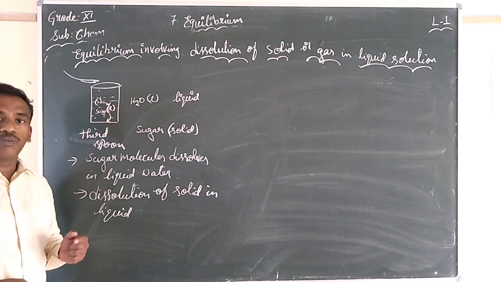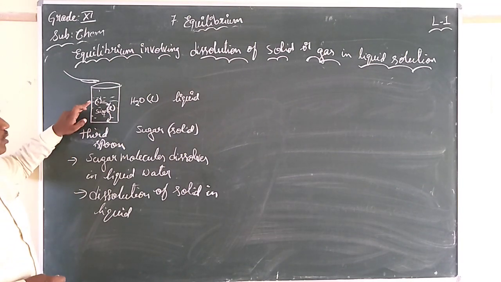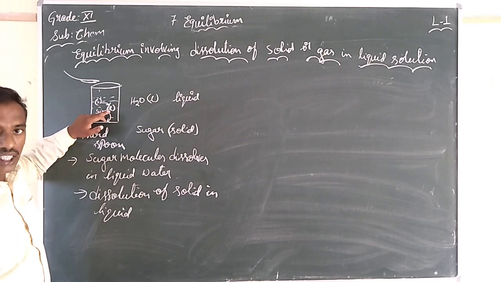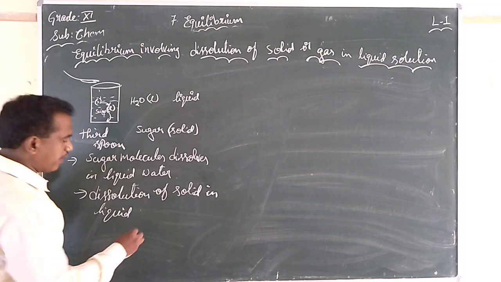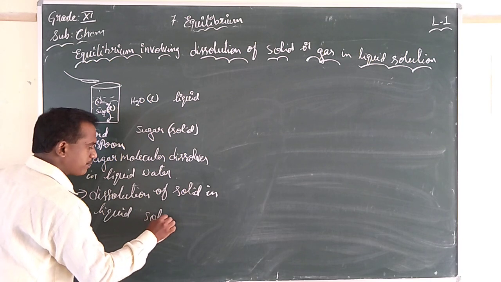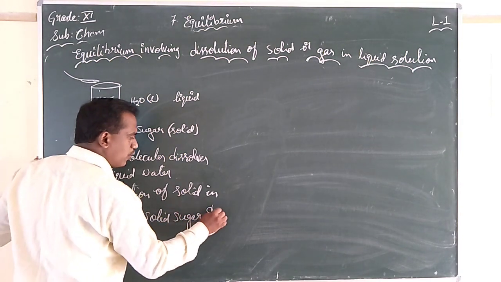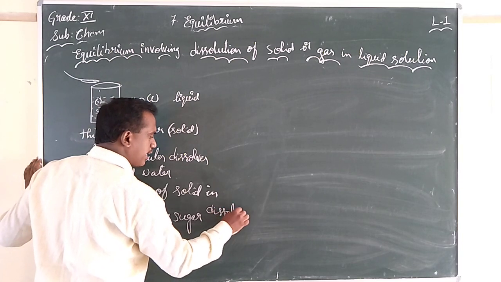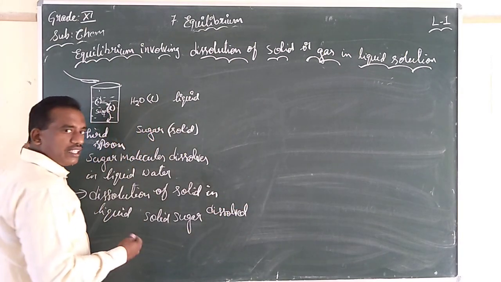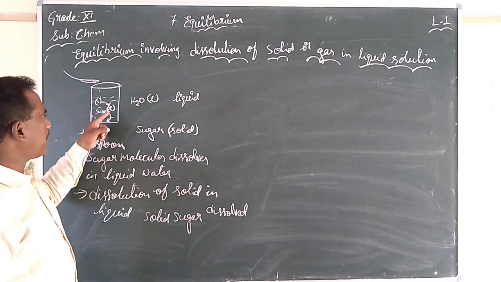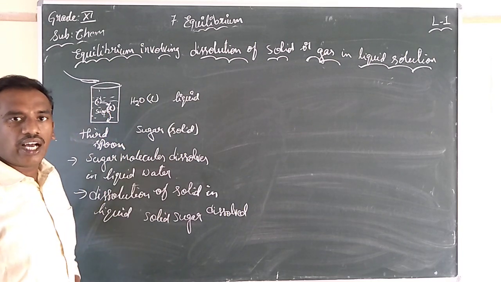When you had added the third spoon of sugar, some solid sugar particles are trying to enter into the liquid water. Some solid sugar particles are trying to dissolve in the liquid water. Parallelly from the water, some solid particles are settling at the bottom.